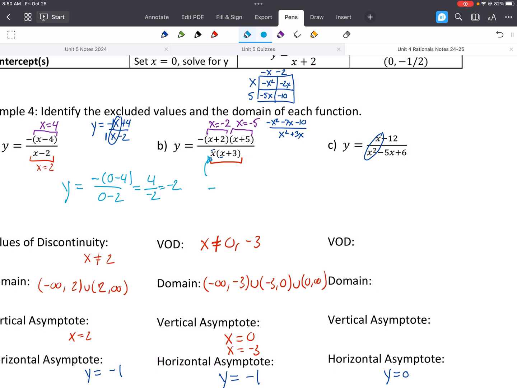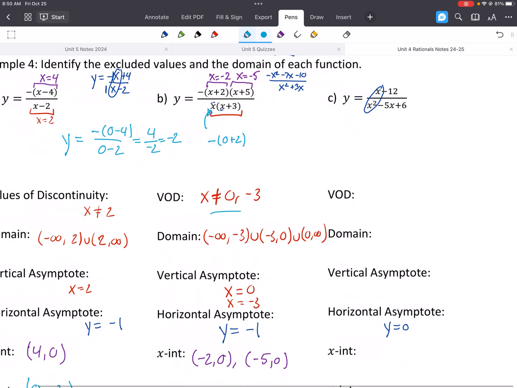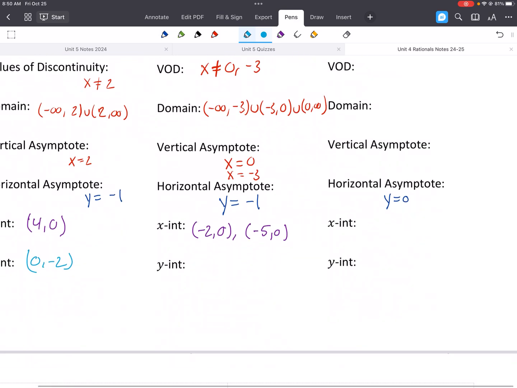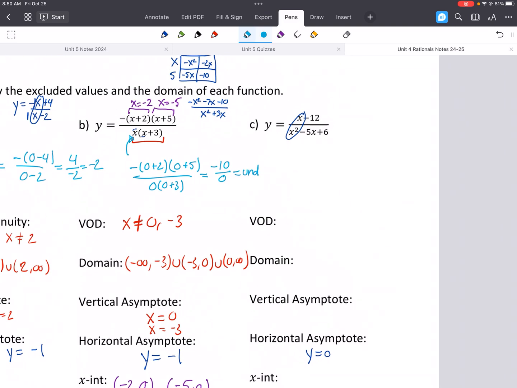So you're welcome to type the whole thing in if you'd like, but if you realize that plugging 0 in, which was one of our values of discontinuity, would give us undefined, or your calculator would tell us it's an error, but we'll write it out. So this would end up giving us negative 10 over 0, which is undefined, and we will call that DNE, does not exist. Okay, last example.